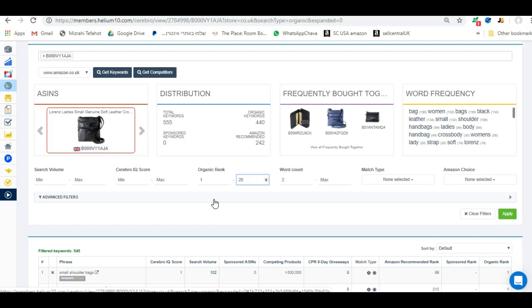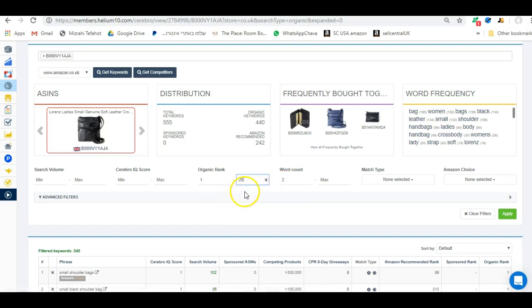Most, 80% of sales come from the first page results on Amazon. And 80% of those, I think, come from the top 3 results or something like that. But at any rate, I want to find the keywords that this product is ranking for in the top 20.